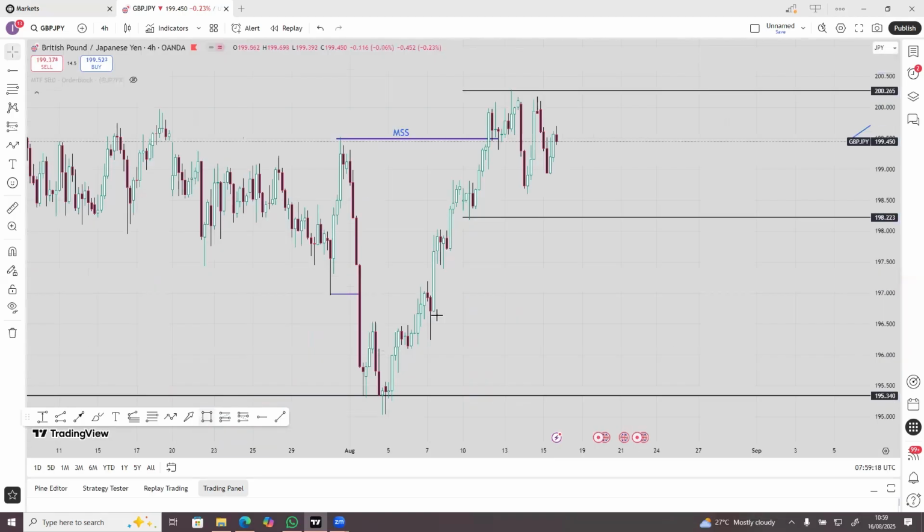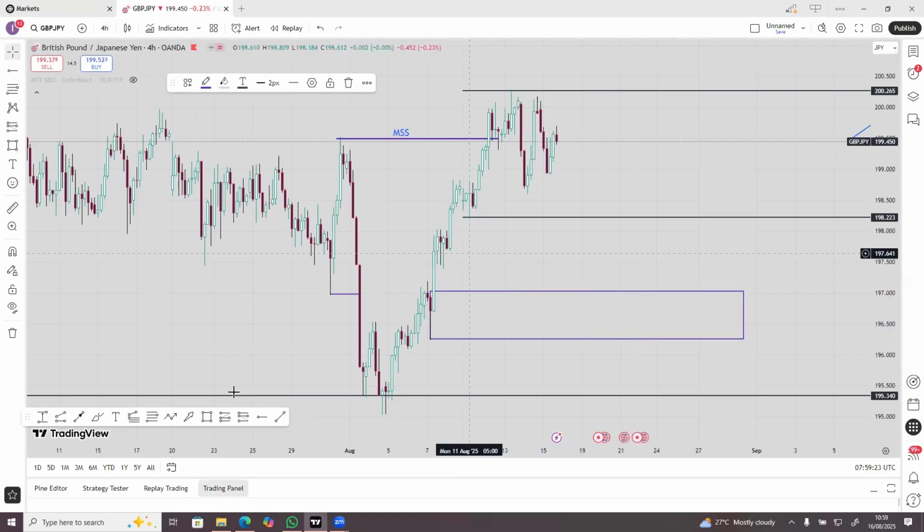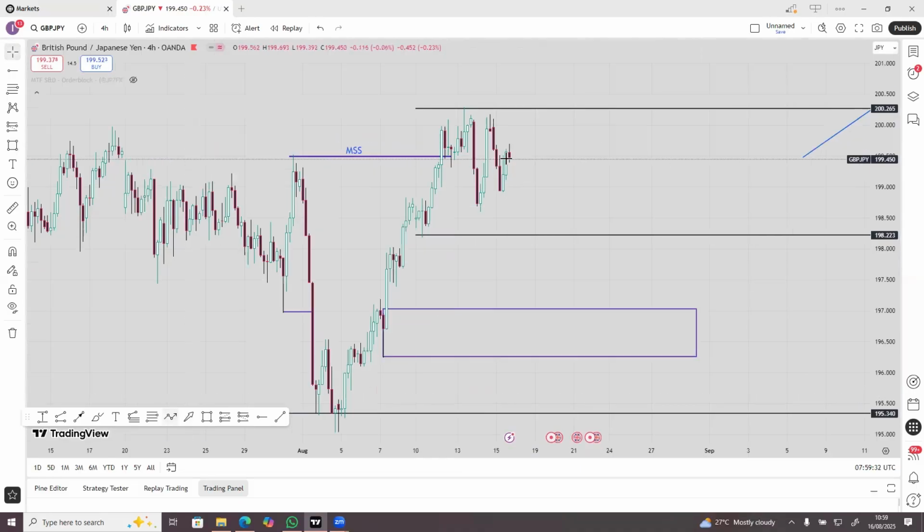So from discount on the 4-hour time frame, we have this demand ambayo iko na FVG hapa hivi, combined with the fair value gap. So we expect on Monday price will rise up to this liquidity level.